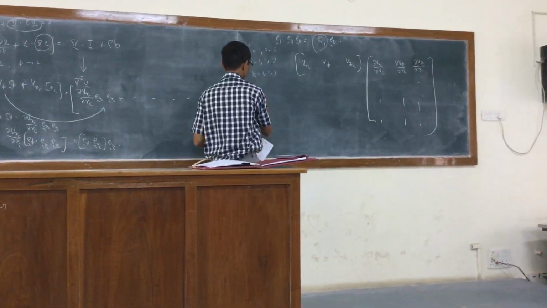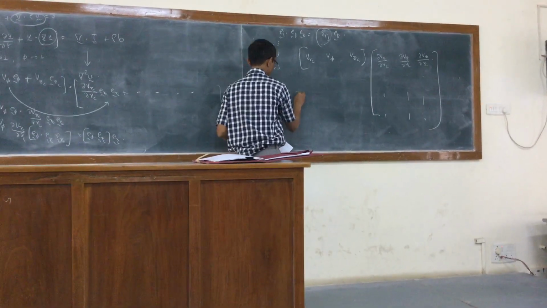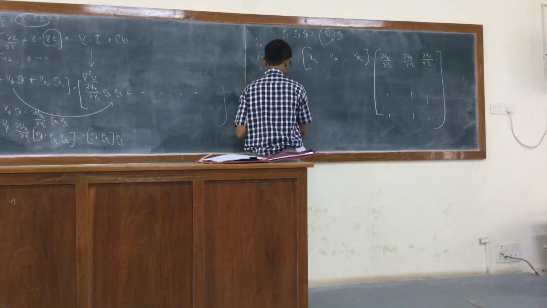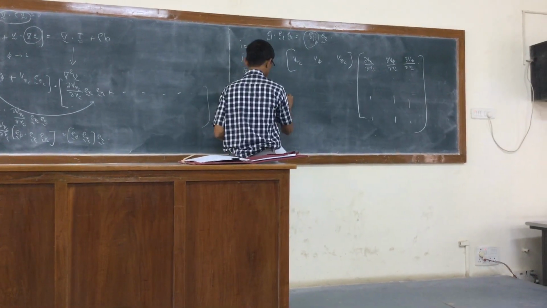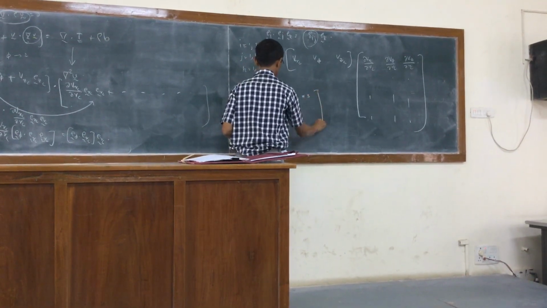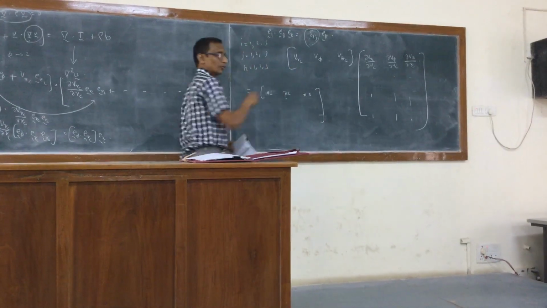If I do this, I will get term 1, term 2, and term 3 along the first row.